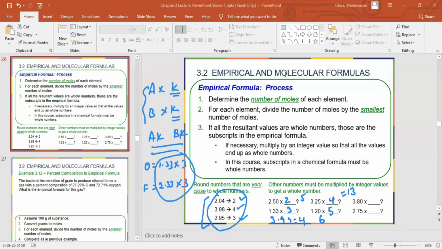So a number less than 5 cannot bring 1.20 into a whole number, integer, right? Right. How about 3.8? 5. What do you get when you multiply? 19. No number less than 5 can change 3.8 into a whole number.